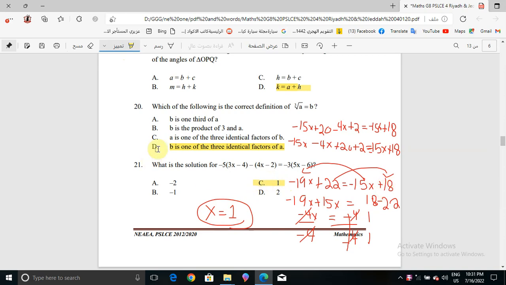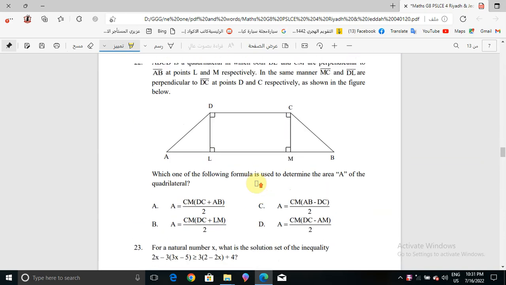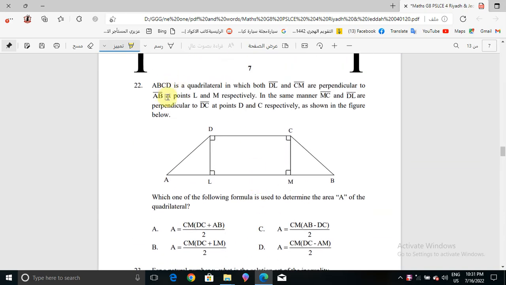Now let's go to the next page. Question number 22. We have ABCD is a quadrilateral in which both DL and CM are perpendicular to AB at points L and M respectively.